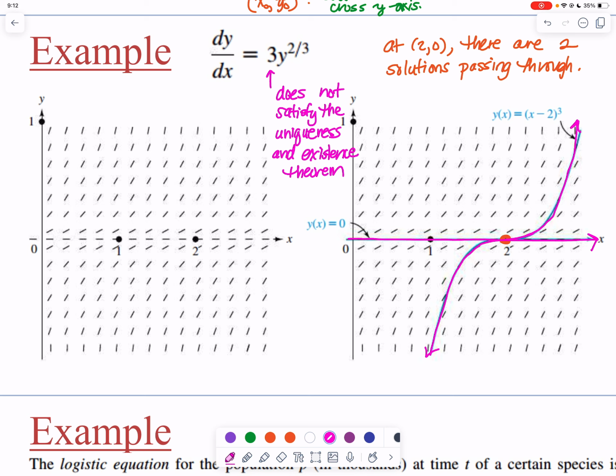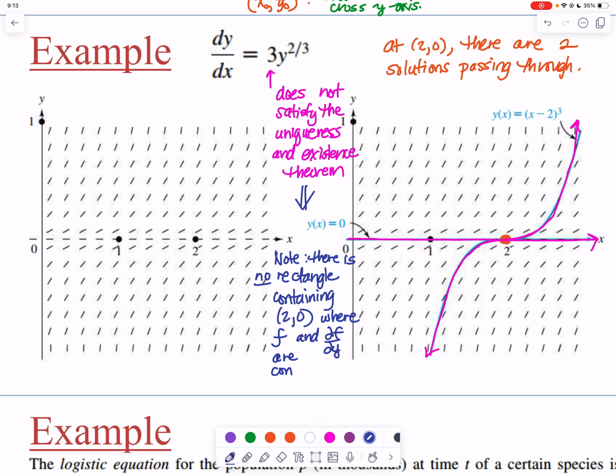So basically, there is no rectangle containing the point 2, 0, where f and the partial derivative of f with respect to y are continuous.